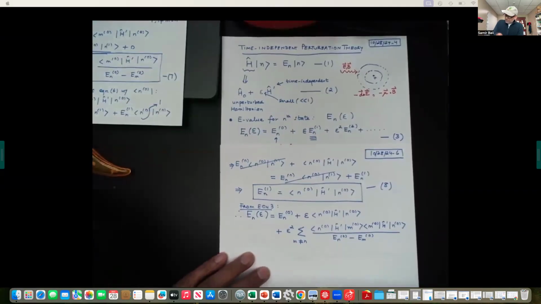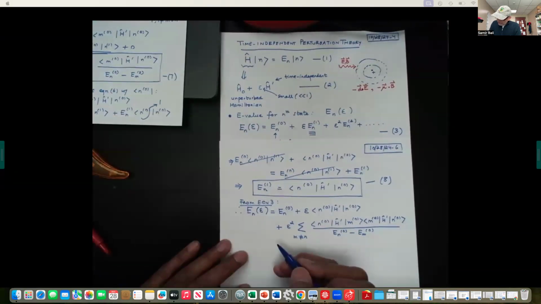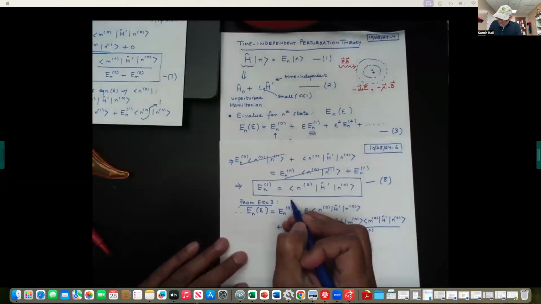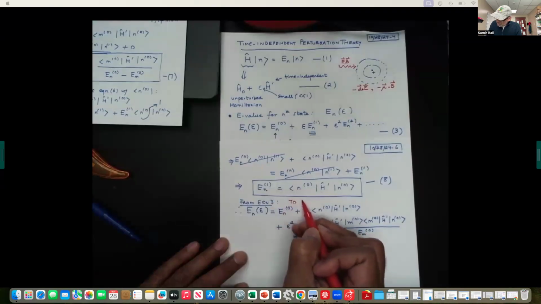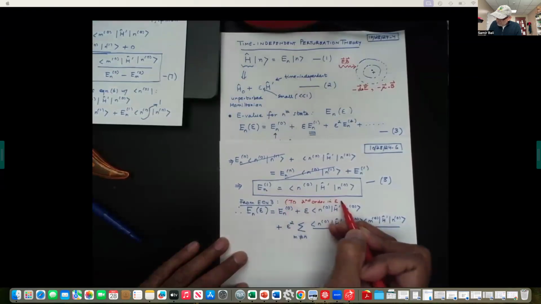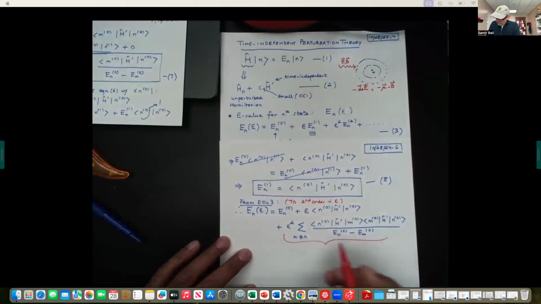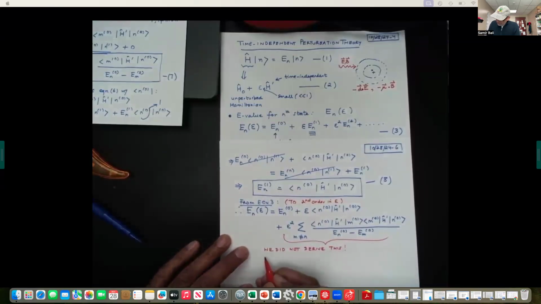So I should mention here that, and then it goes on. So this is to second order in epsilon, okay? And so I should just say that this guy, we did not derive this. We derived the first part. So I've just stated the result from the book.